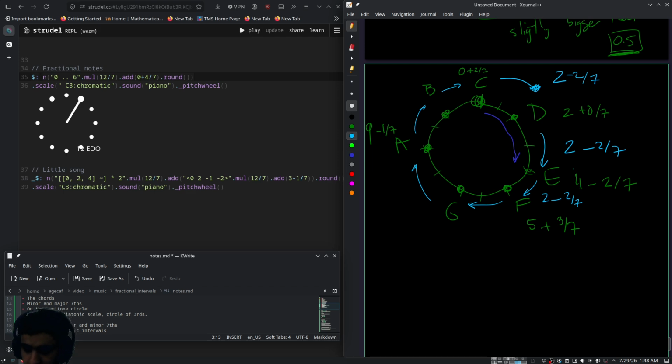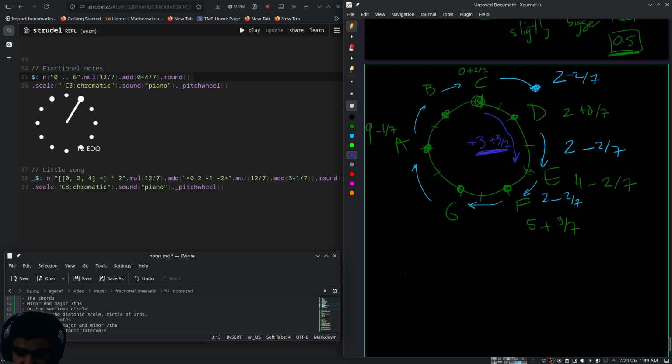And so of course now our third interval is going to be twice of this, so I can check this, it should be +4 minus 4/7, which is the same as +3 plus 3/7.